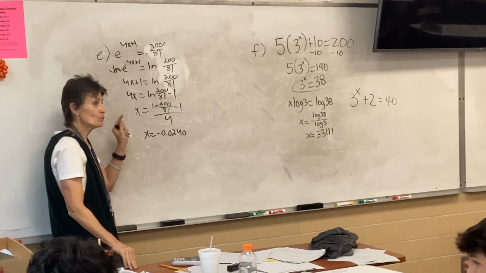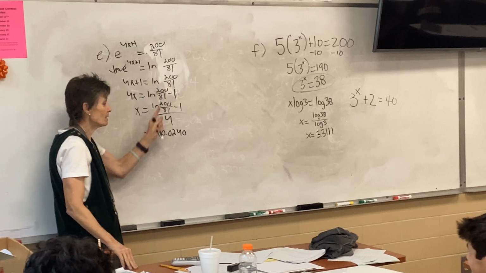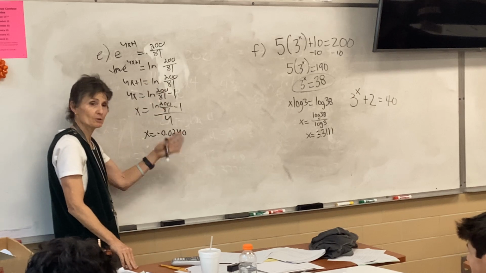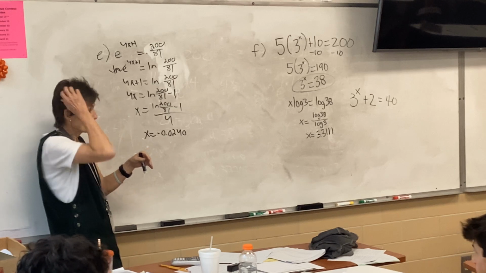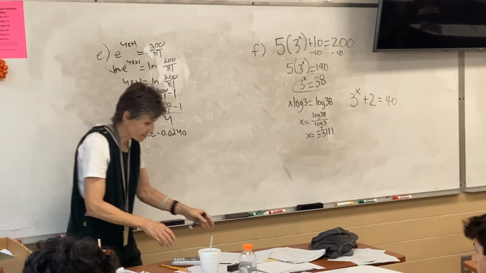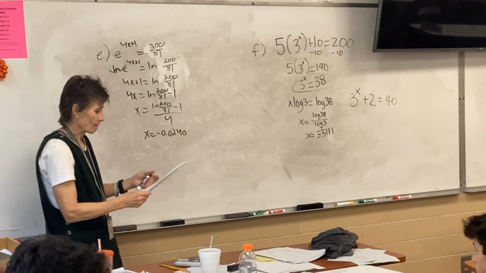Okay? If you start rounding off up here, then this is going to be off a little bit and you'll lose points and it's dumb. You don't need to round off. So that is correct.